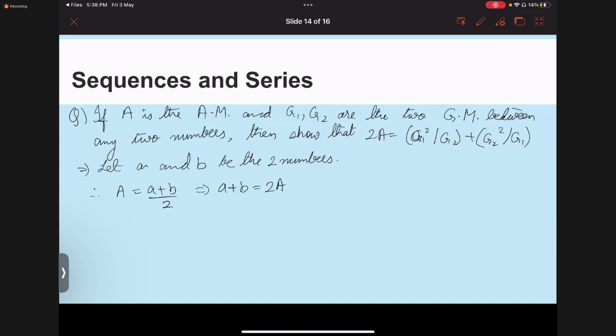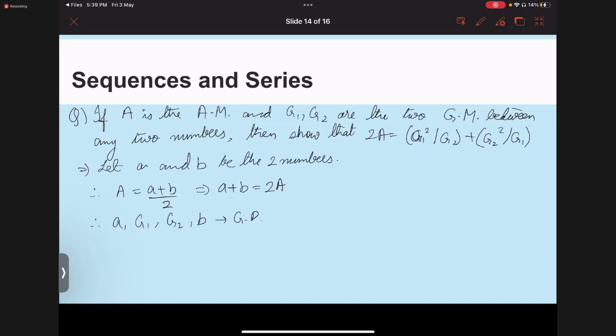Now we are saying that G1, G2 are two geometric means. Now when we have geometric means, the numbers are supposed to lie anywhere between the two numbers that we are considering for the mean. Okay, so therefore A, G1, G2, B is the geometric progression.